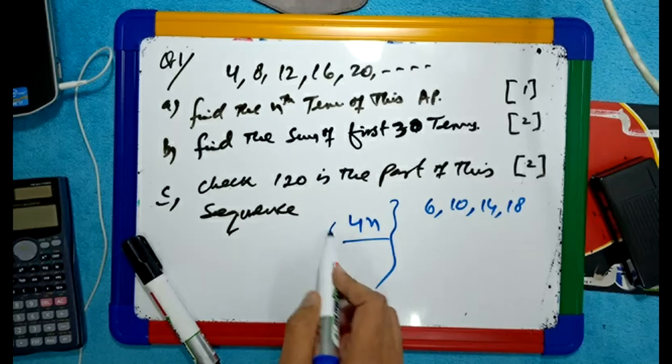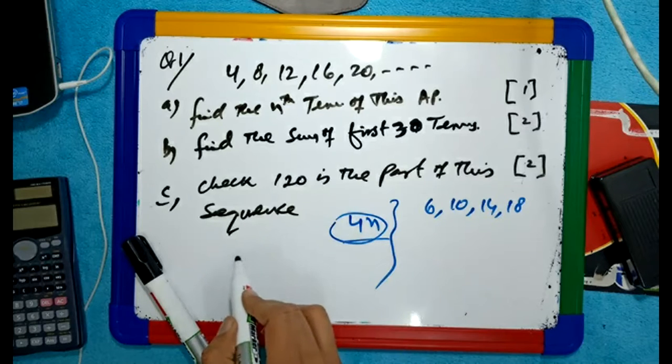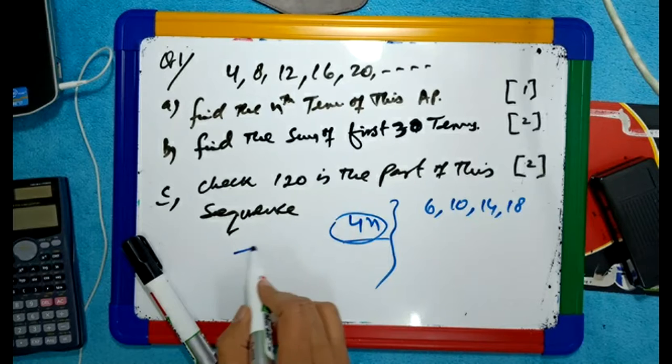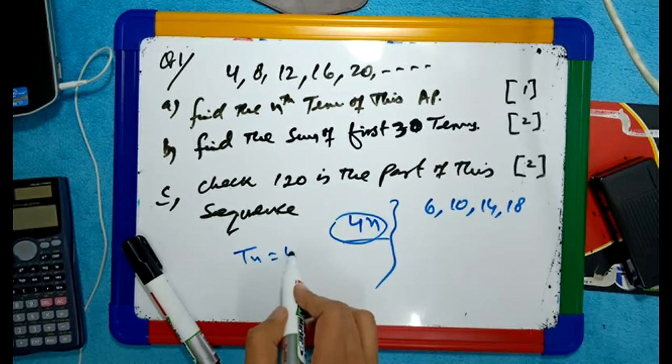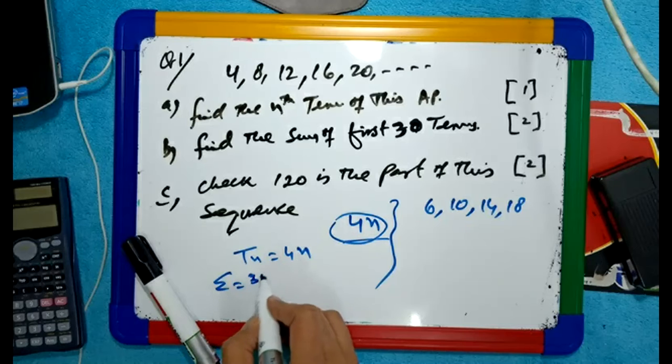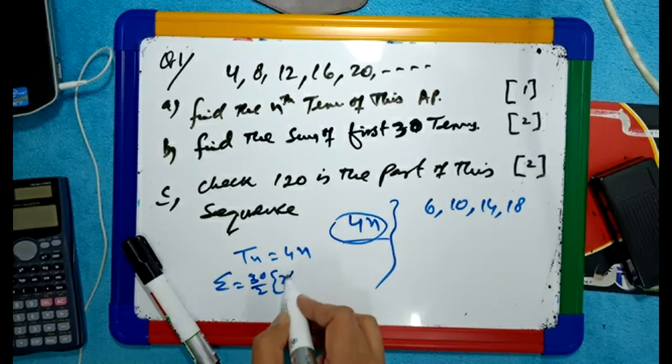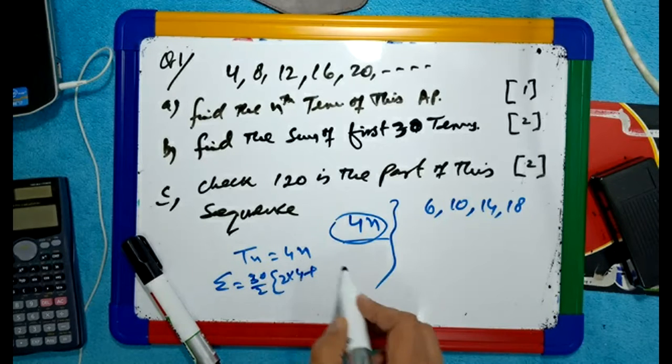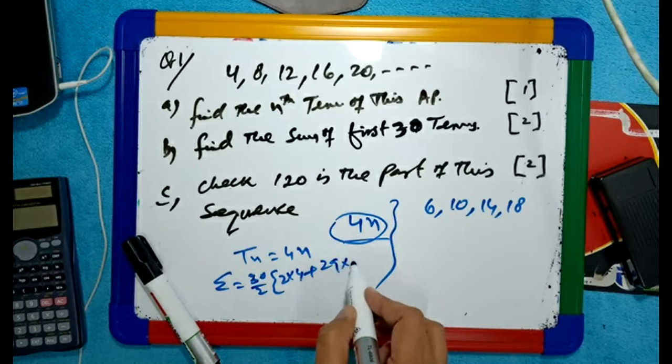Okay, then for B I got 1830. Now you can get B. The general term is Tn equal to 4n, right? The sum formula is n over 2. So 30 over 2, into 2 times 4 plus 29 into 4.